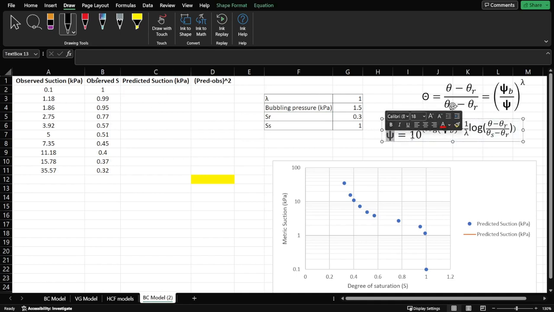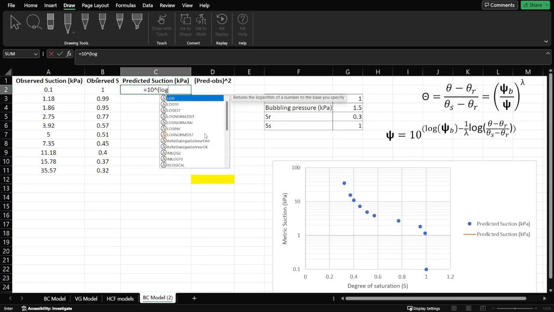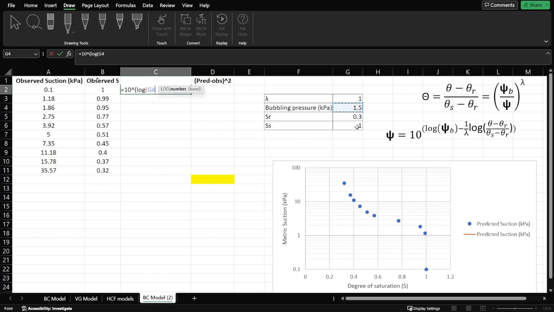By applying this equation, we'll apply it here. So that's going to be 10 to the power log of the value of the bubbling pressure psi b is going to be here.